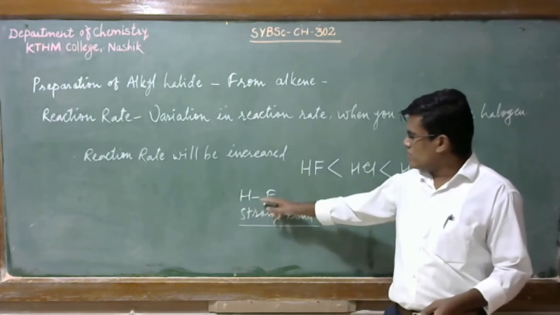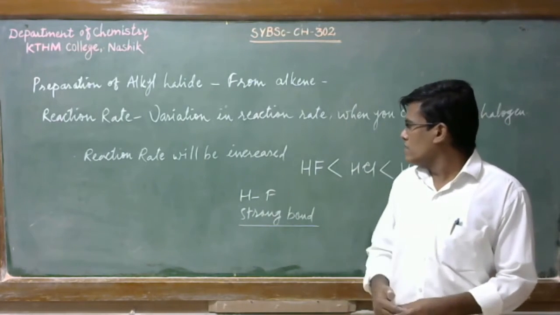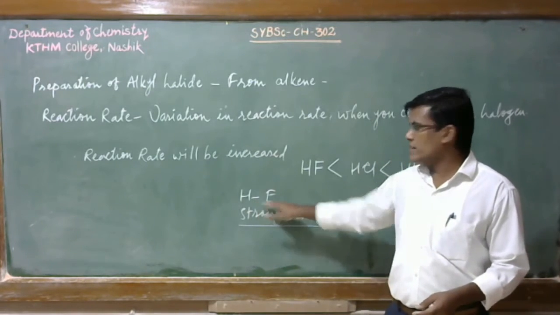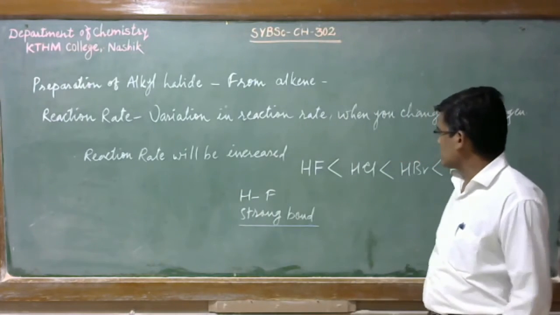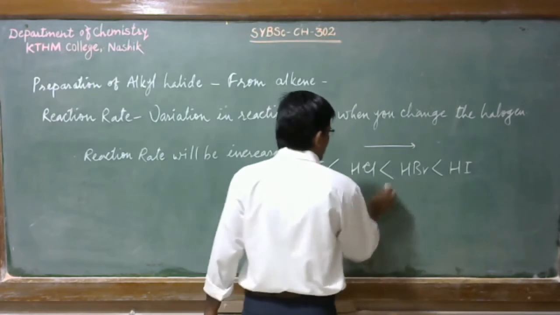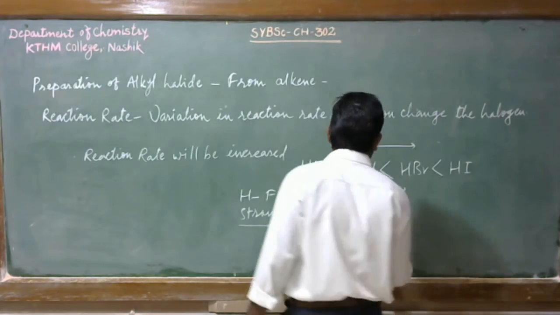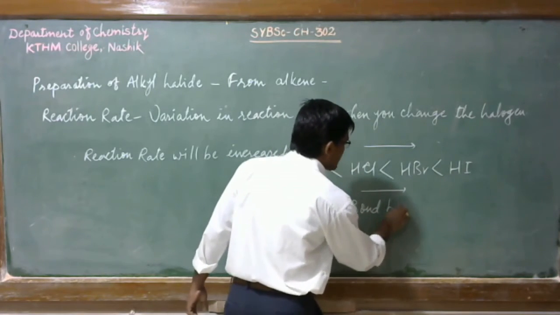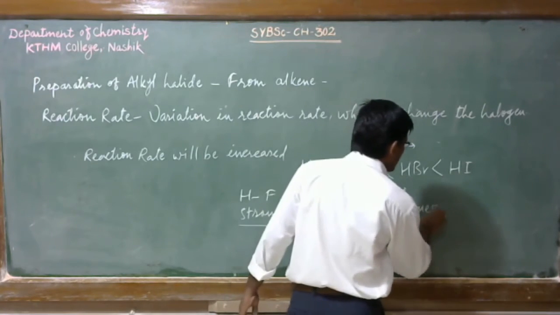So when HF participates in the electrophilic addition to an alkene, its rate of reaction will be very slow, slower than HCl. So the reaction rate increases in this direction, and the bond becomes weaker in this direction.